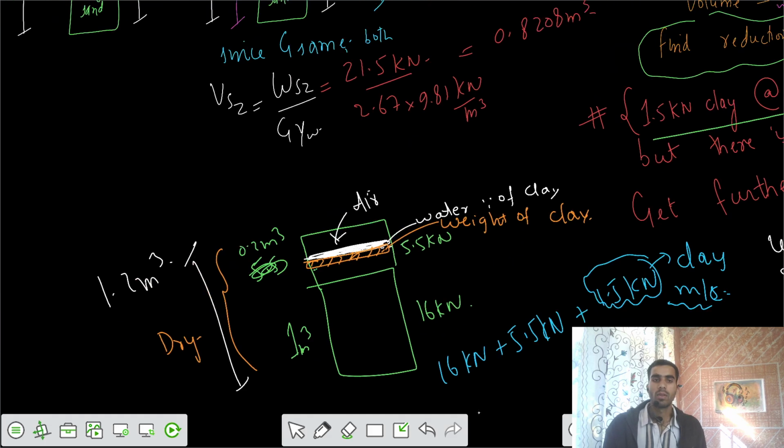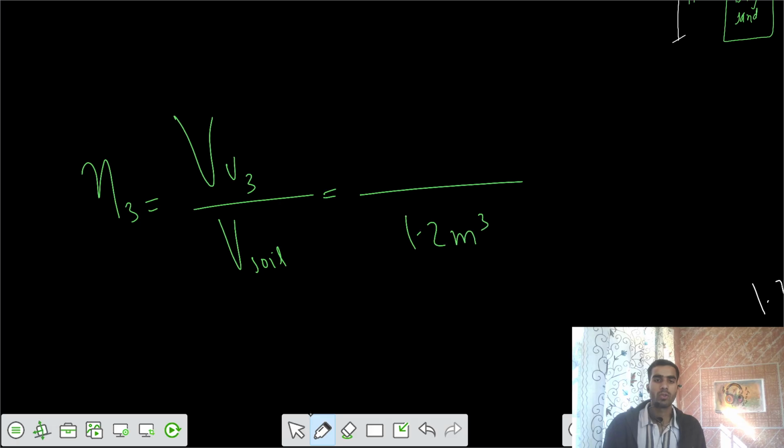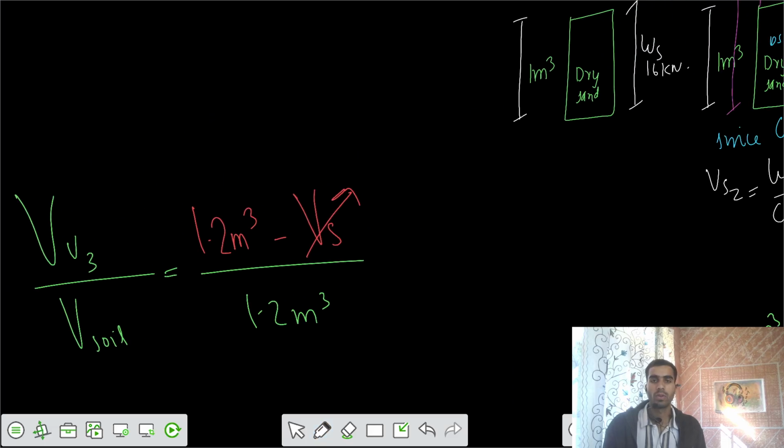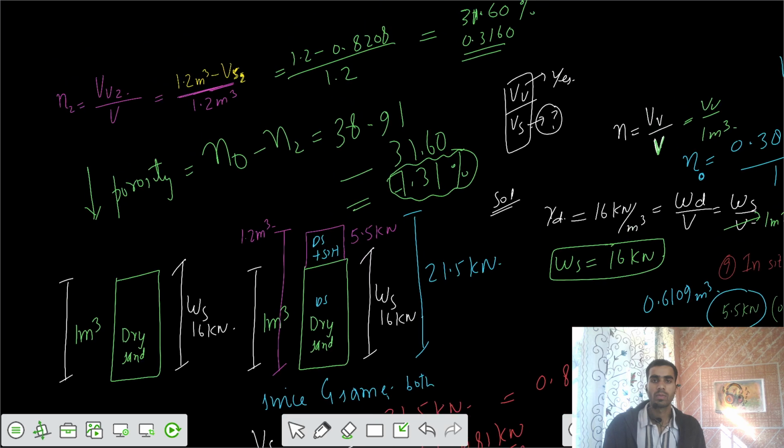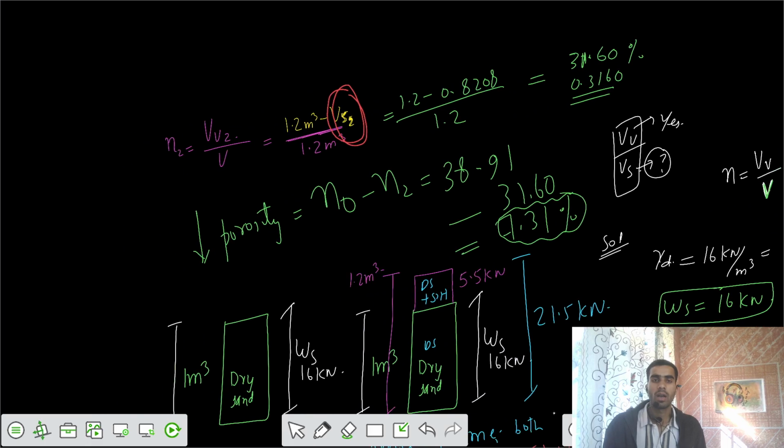Now the final porosity N3 can be calculated as the volume of voids in the third stage divided by the total volume of the soil. The total volume of the soil remains fixed at 1.2 meter cube, and the volume of voids in the third case is the total volume minus the volume of solids. In the second case we write Vs2, which is not going anywhere because solids are incompressible.